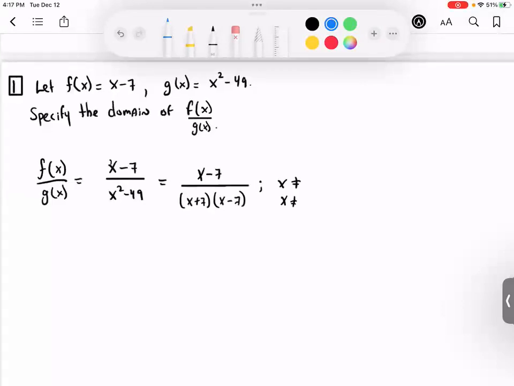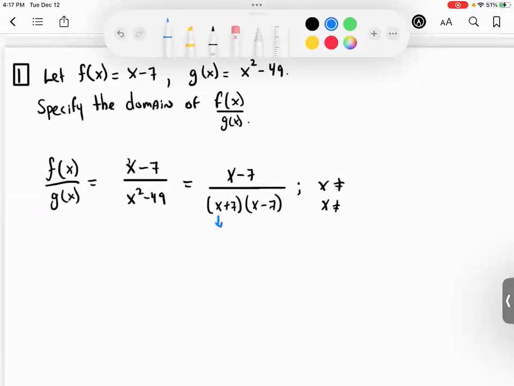If you look at x plus 7, what would be the value of x that makes the first binomial a 0? Negative 7. There you go. So x cannot be equal to negative 7, right? Because negative 7 plus 7 is 0. That's no good. We cannot divide by 0 in math.